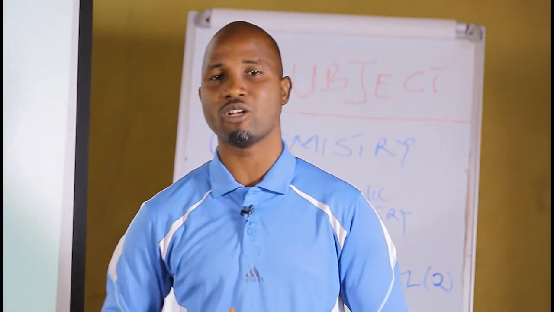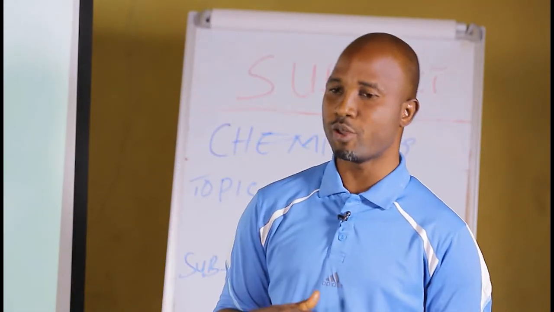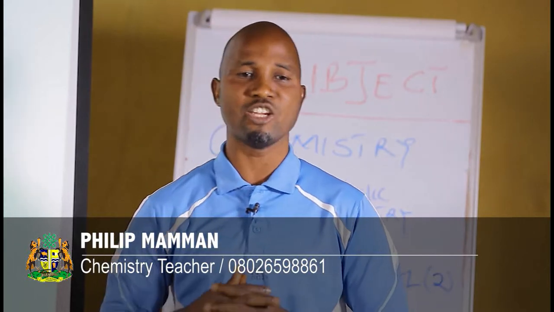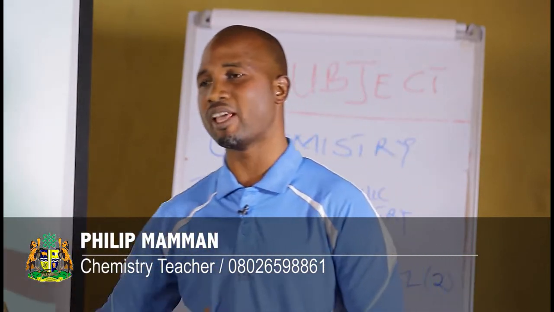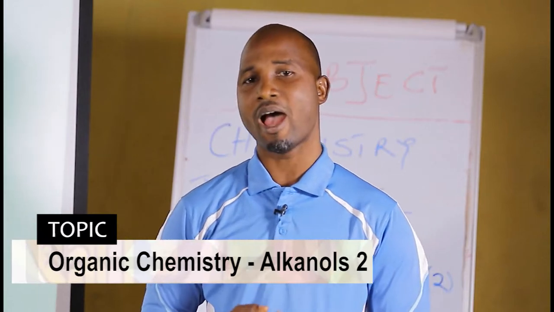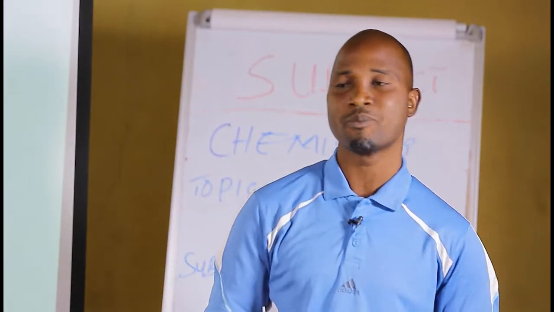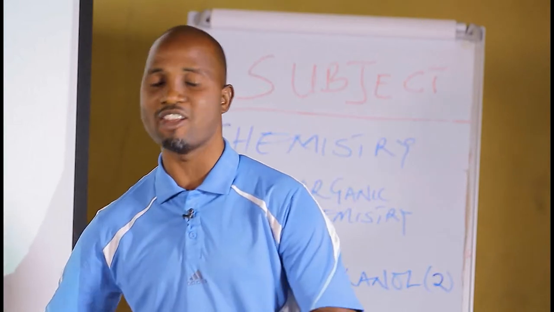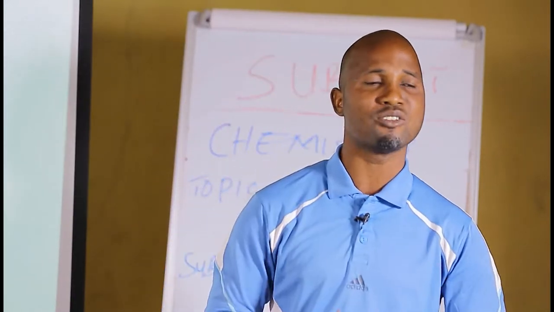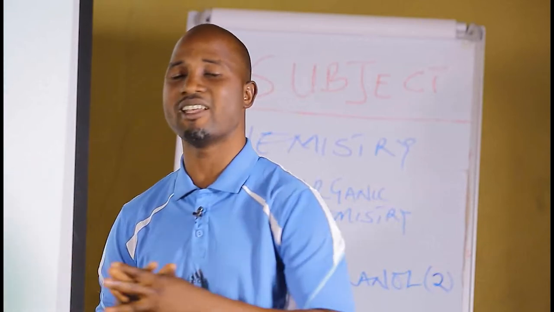They have a general molecular formula of CnH2n+1OH, and they can be classified into monohydric and polyhydric. Remember, monohydric alkanol has only 1 OH, and polyhydric alkanol has 2 OH in dihydric and 3 OH in trihydric. I said monohydric alkanol can be divided into primary, secondary, and tertiary alkanol.